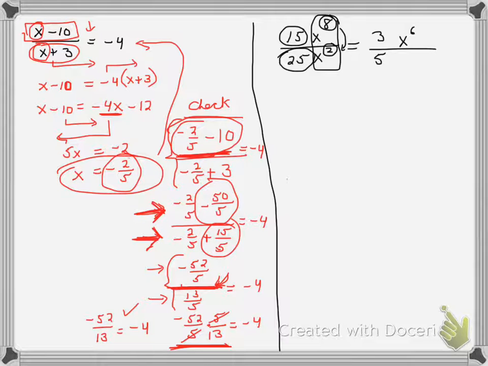Let's do a couple more. Here I'm going to look at my number part first. What's the largest number that can divide evenly into both the top and the bottom?